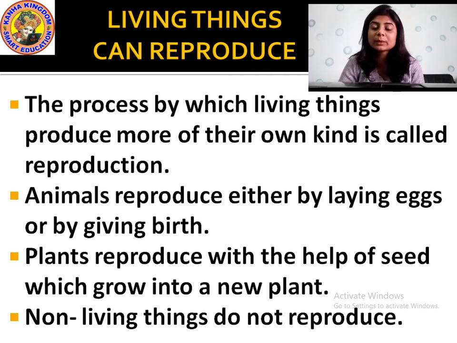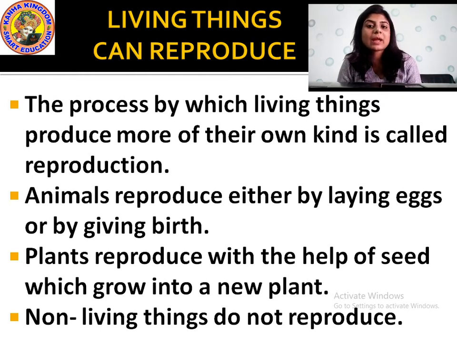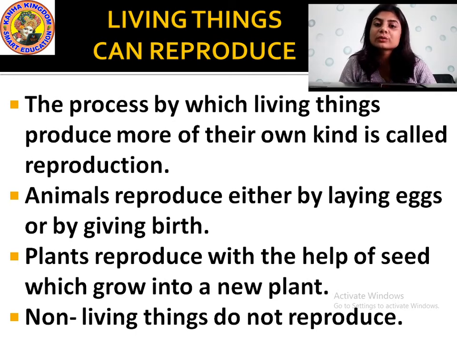And we human beings, or you can also call us omnivores, eat both plants and animals to stay alive. And plants do not go in search of food. Why? Because they can make their own food. And non-living things do not need food to survive, as they do not have life. To sustain life, we need air, water and food to live.